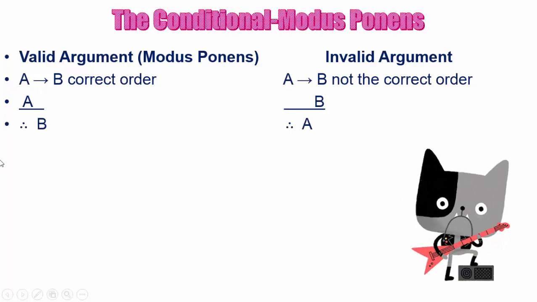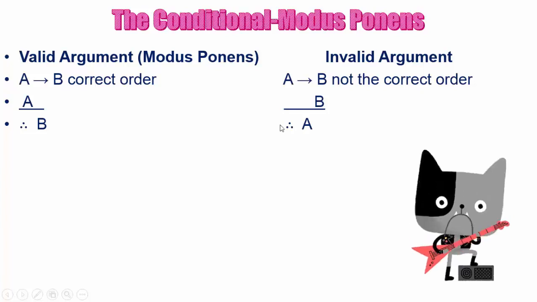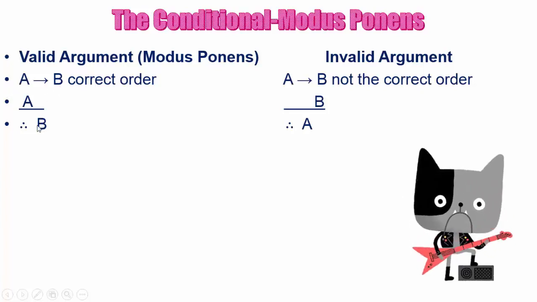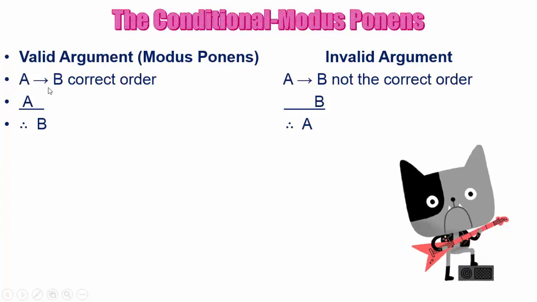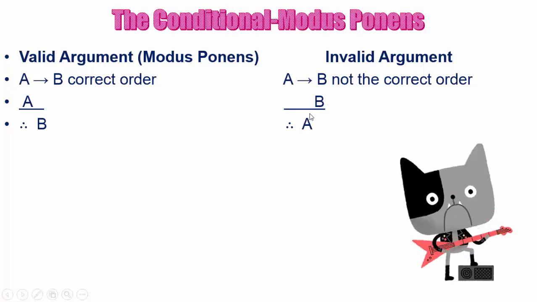And then the conclusion, therefore B, that's not the correct order, whereas in this one, when you have therefore B, and here it's reversed, you say, hey, there's something wrong here.